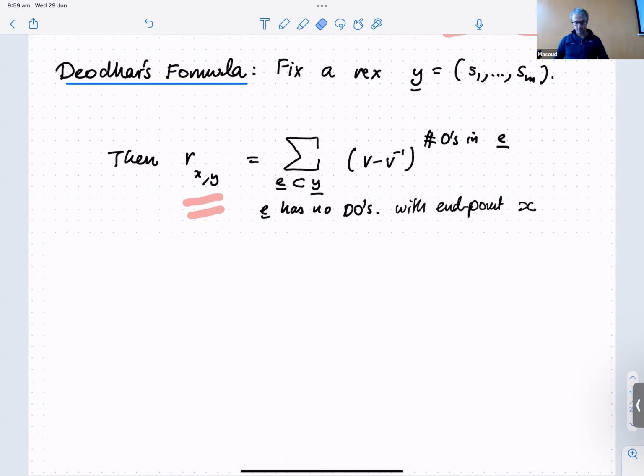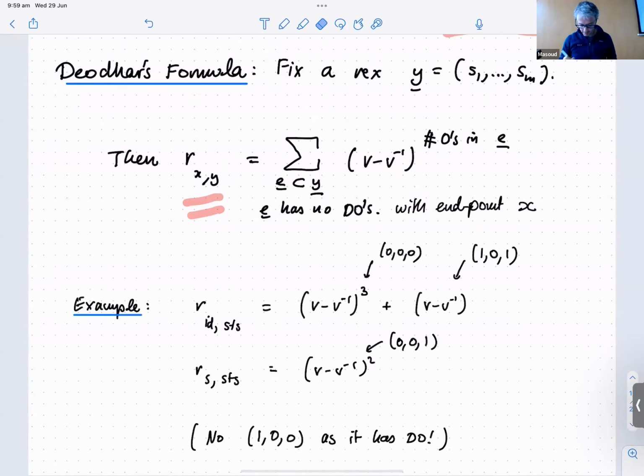So if that speaks to you, there's a nice exercise about that. Okay, so if we look at the R polynomial from the identity to STS, there are two sub-expressions.